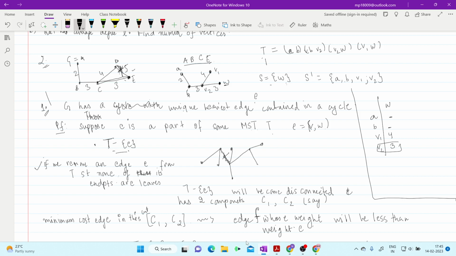So now the new tree is, we are subtracting the edge V1W and adding V1V2.